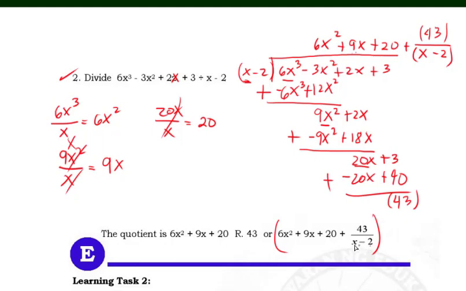Okay? So, or, pwede rin naman lagay natin or remainder 43. Or, pag gagawin po natin plus, pa-plus po natin yung quotient nitong remainder saka itong divisor. Okay? So, yan po ang ating division kung paano mag-divide ng dalawang polynomials.